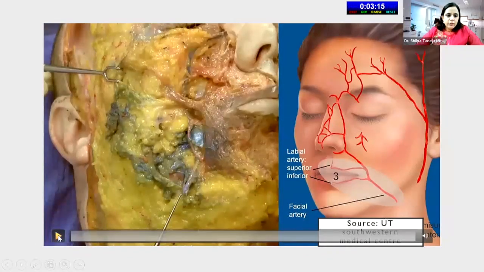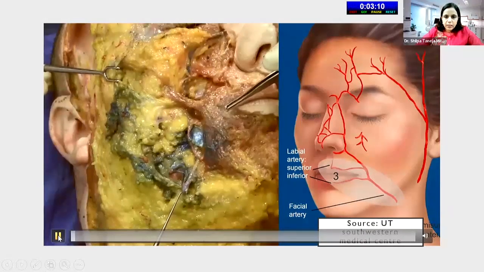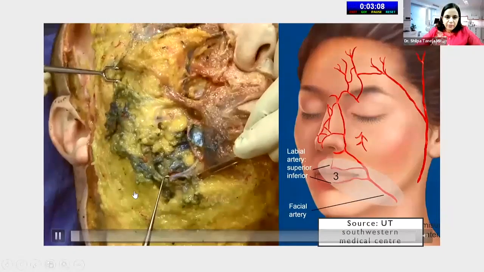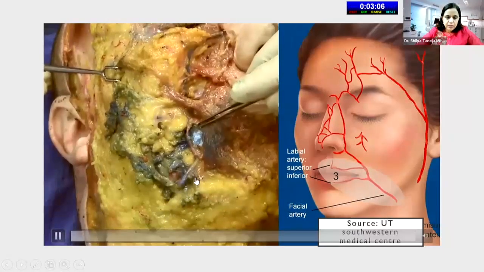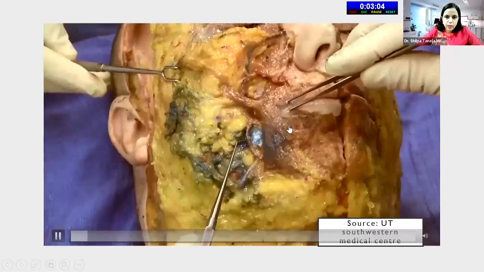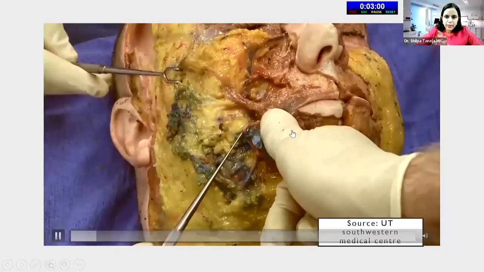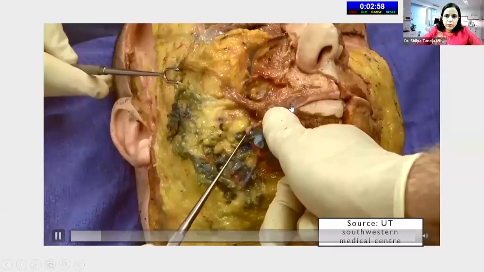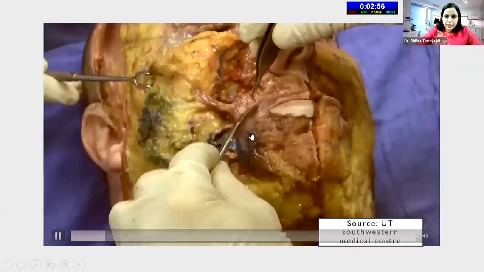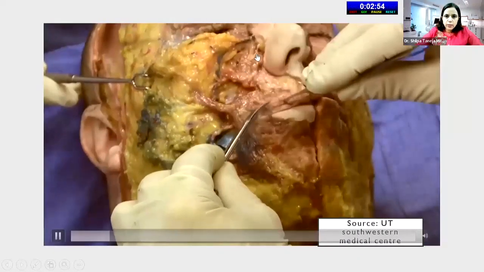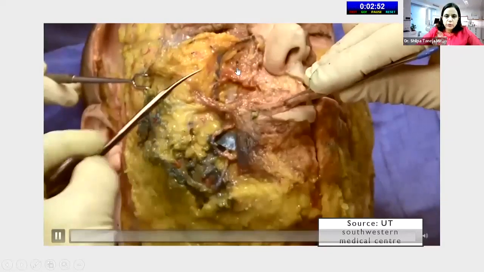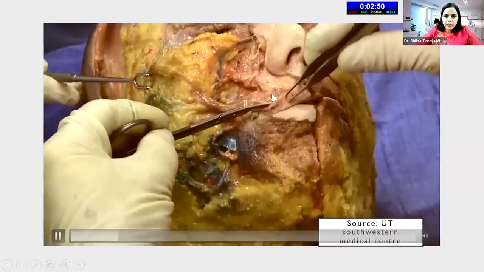So coming on to the vasculature part of the face, the facial artery starts from the neck. As it goes up, it becomes superficial. It lies one thumb breadth lateral to the commissure and takes a tortuous course and goes up and becomes really superficial here near the ala of the nose.